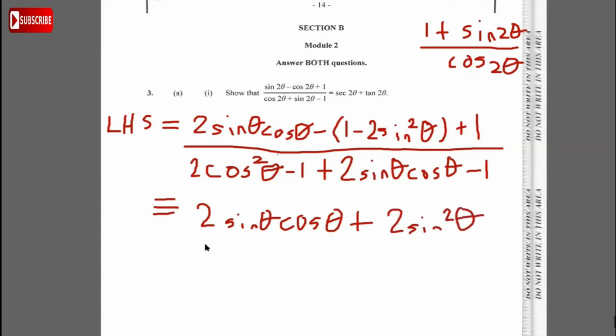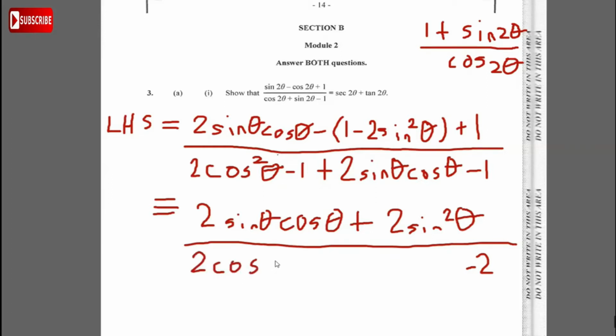And then all of this is being divided by 2 cos squared theta minus 1 plus 2 sine theta cos theta minus 1. Minus 1 and minus 1 make minus 2 here. So this is 2 cos squared theta plus 2 sine theta cos theta minus 2.